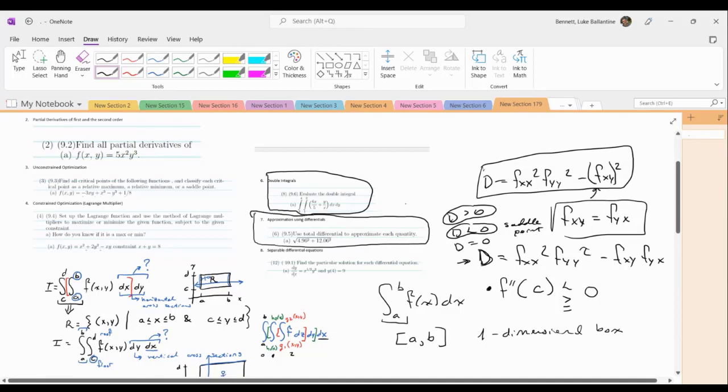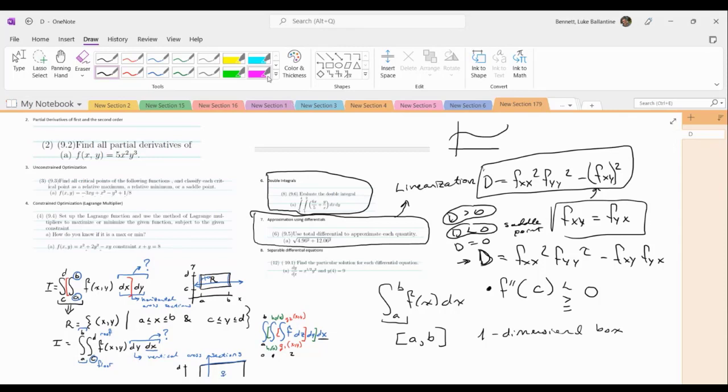This is an analogy to single variable calculus linearization. Linearization was when we had some curvy thing and we know its value at some point. Maybe we know its value right here.